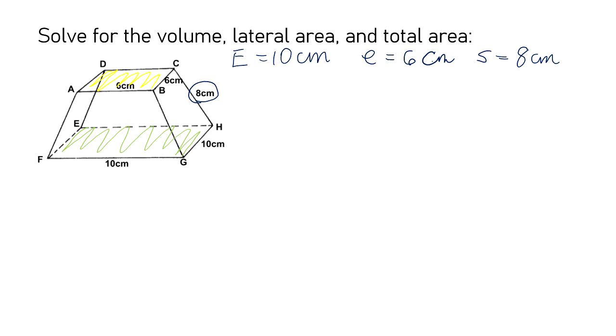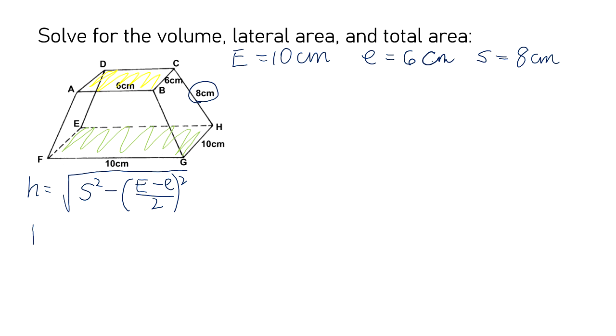Now this time, we don't have the value for the height. So we have to solve this first. So let's try to solve height. That is equal to the square root of s squared minus edge of the bigger base minus edge of the smaller base over 2, squared.